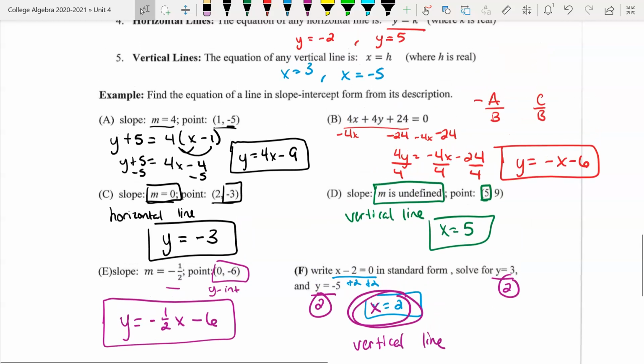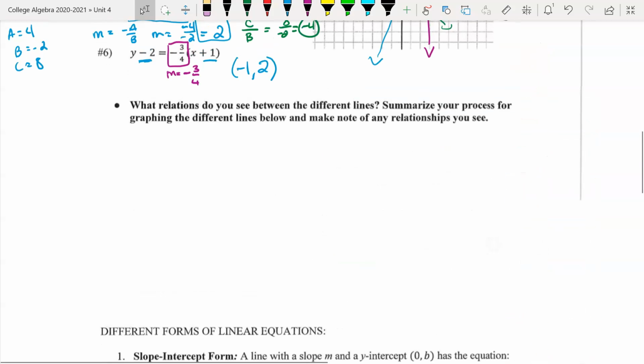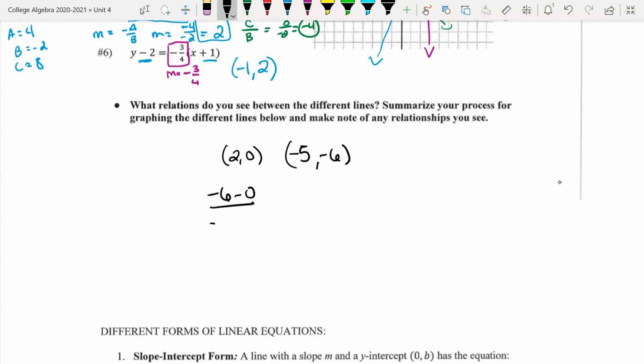All right. Last example, I'm going to scroll to the top right here and give you some blank space. If I give you 2 points, you should be able to find the slope. So I did y2 minus y1 over x2 minus x1.